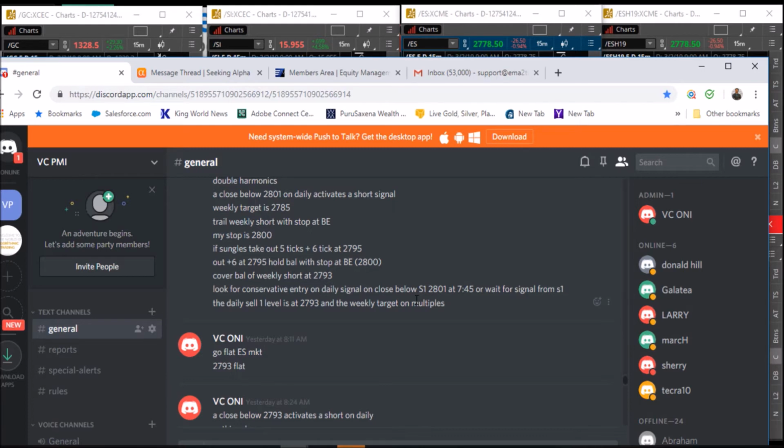If you're doing the weekly short at, say, 2800, and the daily sell 1 is 27.93, and the weekly, let's say, sell 1 is 27.90, for your first target you would use the daily target below your entry point as a potential target for you to unload or liquidate multiple positions.